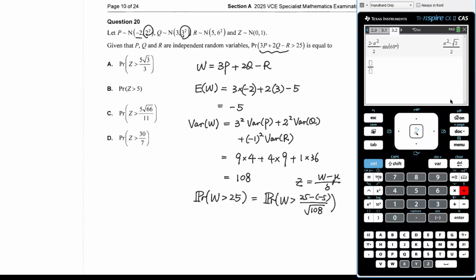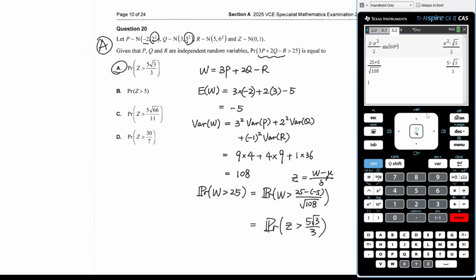I need to get 25 plus 5 divided by square root of 108. So that is lovely. Probability Z greater than 5 root 3 divided by 3. And that is option A. Okay? So here ends my quick discussion to the multi-choice questions.